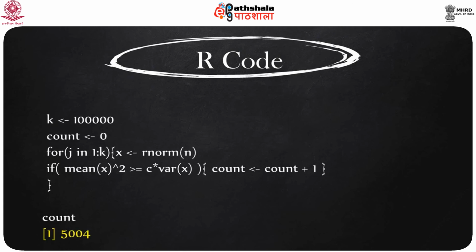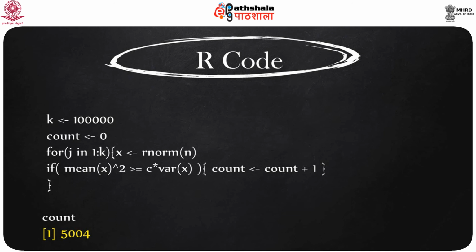Here k equals 1 lakh, and look at what we are getting here, what the count actually is here. Here it is actually 5004. So, as we know, it gives us the fact that out of 1 lakh samples of size 10, the confidence interval is unable to capture the mean 5004 times.